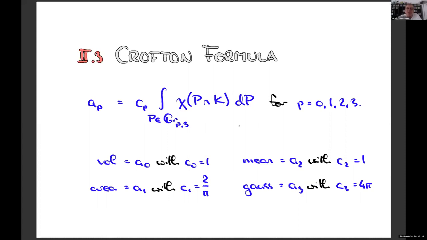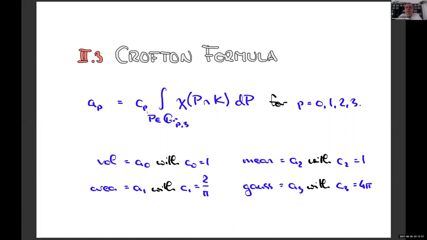Okay, the interesting case is really the area. In the area case, we integrate over all lines in space. So here p would be one-dimensional planes, so lines. And then we intersect the lines with the body. We integrate, so if you have a convex body, the intersection is always just empty or an interval. So the Euler characteristic can only be 0 and 1.